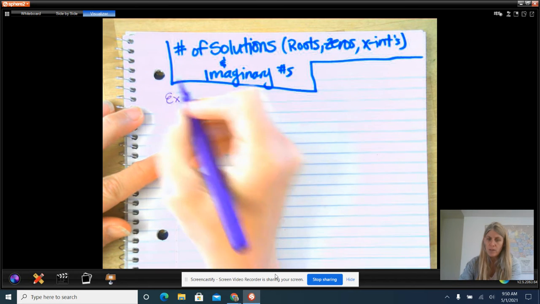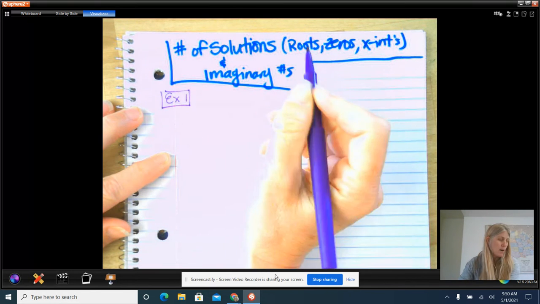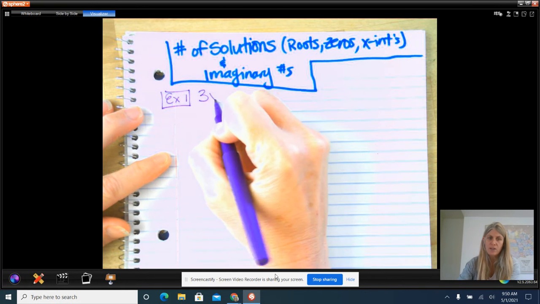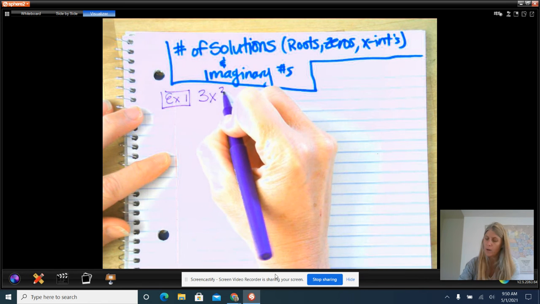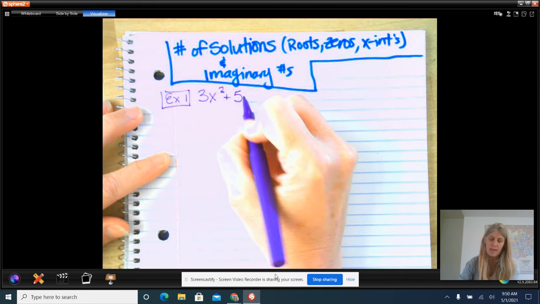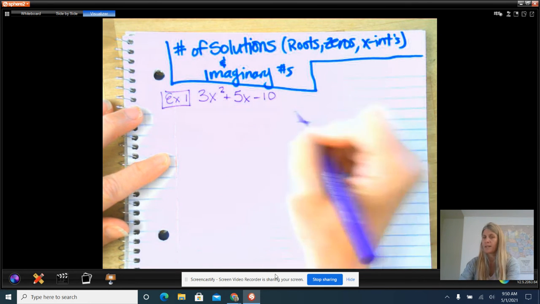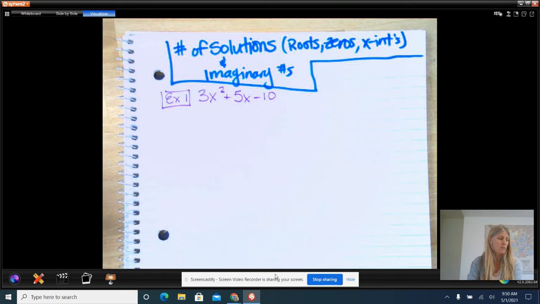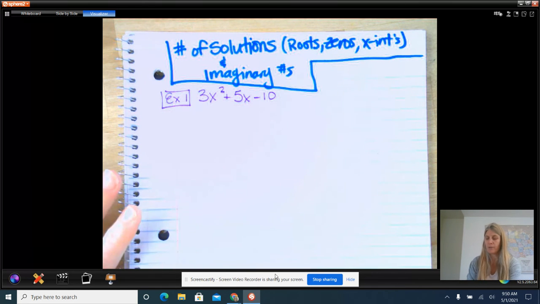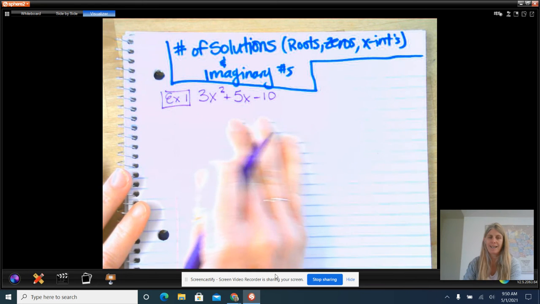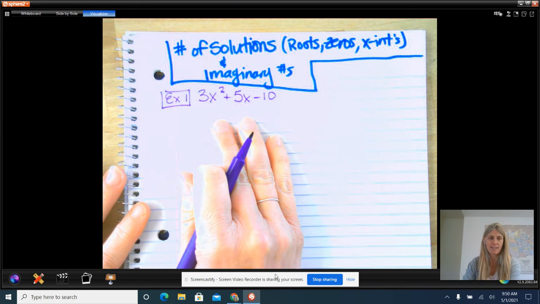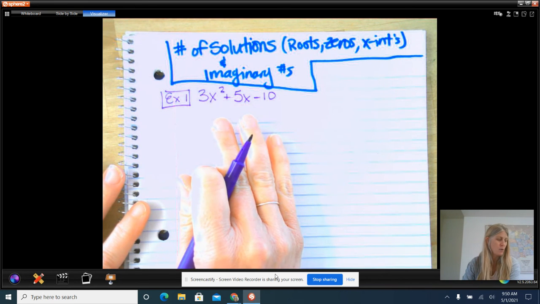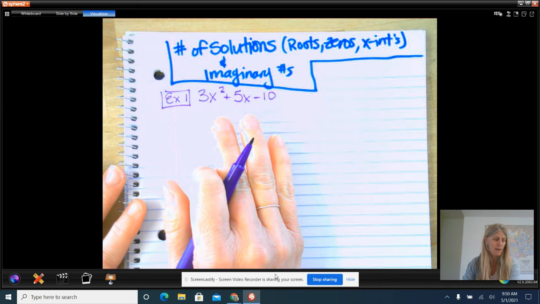So once again, we use this when we are looking at an equation for a parabola. We have 3x squared plus 5x minus 10, and of course that can be equal to y, f of x, or 0. We want to know how many times this is going to cross the x-axis by using the discriminant, which is a specific number.